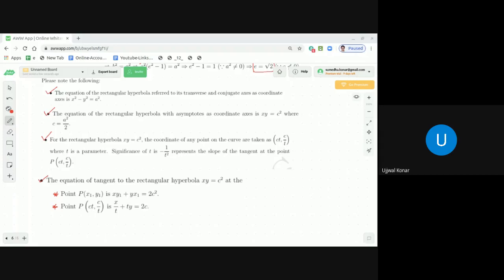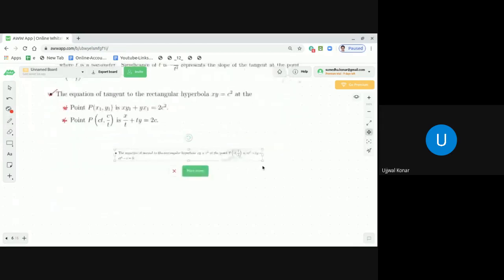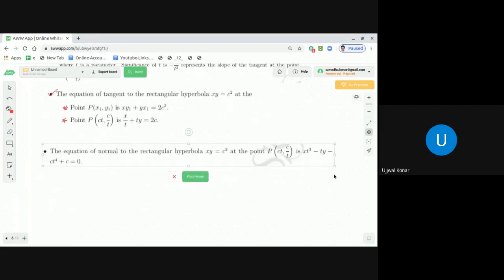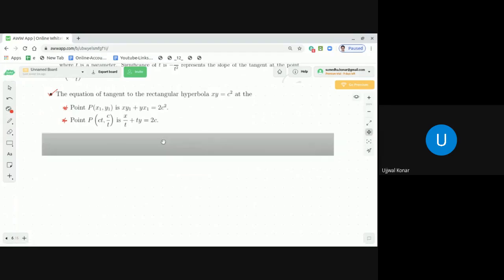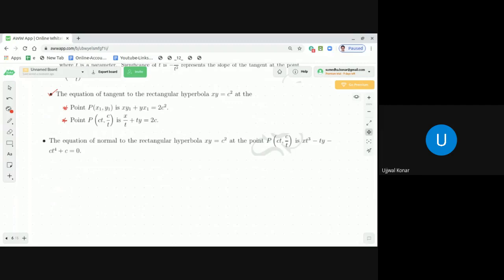The equation of the rectangular hyperbola is xy is equal to c square, and on that hyperbola, at the point ct comma c by t, the equation of the normal is x t cube minus t y minus c t power 4 plus c is equal to 0.